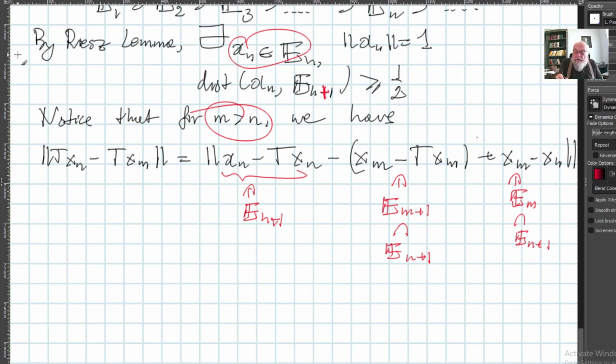Okay, so all these elements except the last one belong to E(n+1).